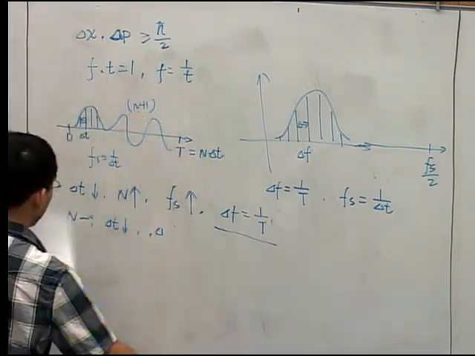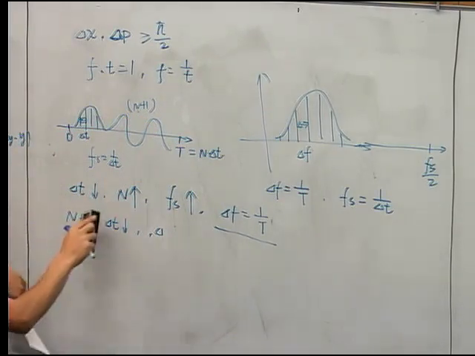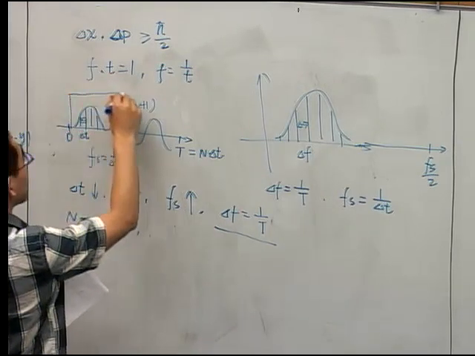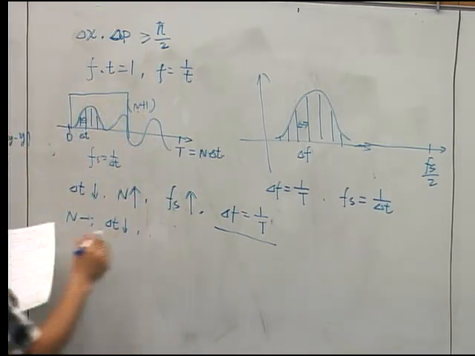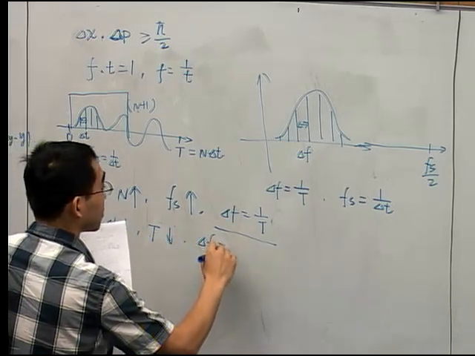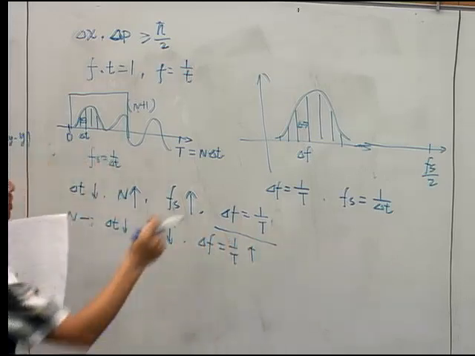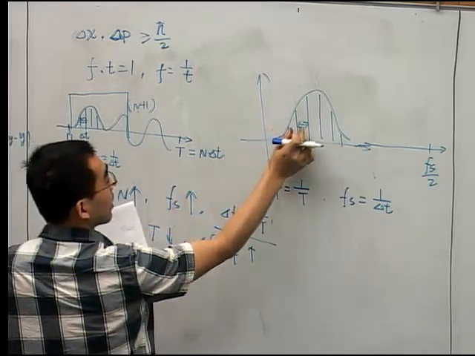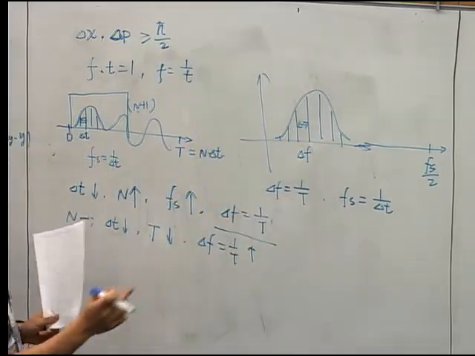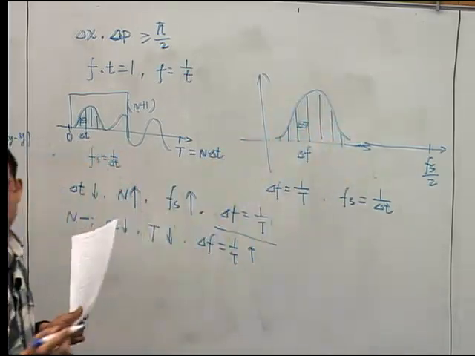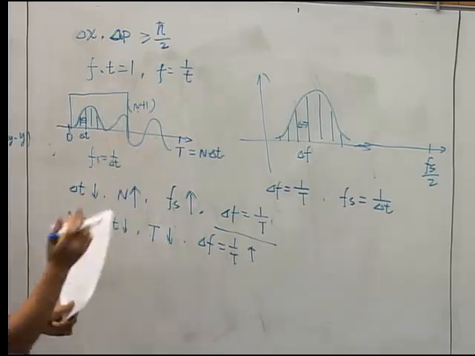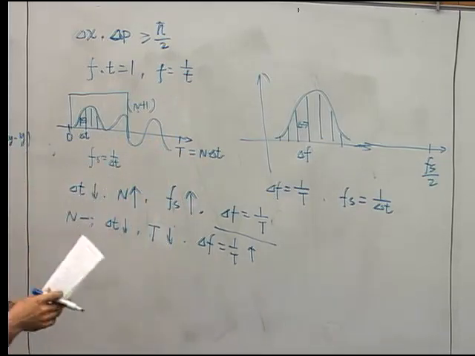You keep n unchanged, you decrease your delta t, so you only sample over this short time. That would make your t decrease, and then your delta f equals 1 over t, so this increases, right? So you get a denser line and more information. But overall, this one doesn't change at all. This is the Fourier transform, with infinite resolution. That's the continuous one.